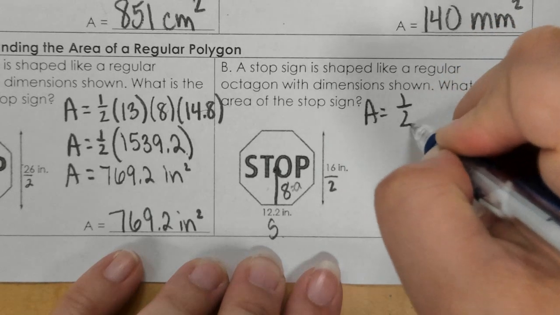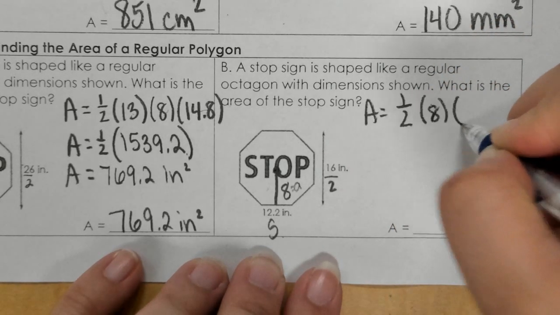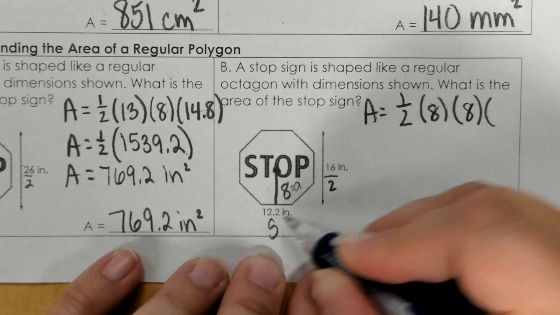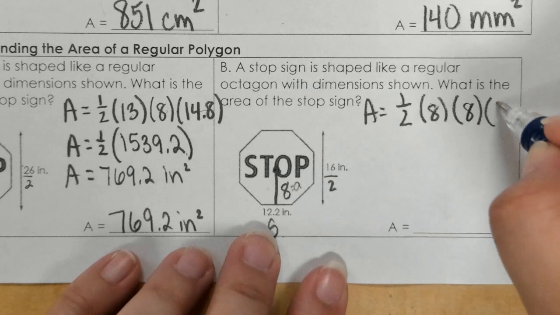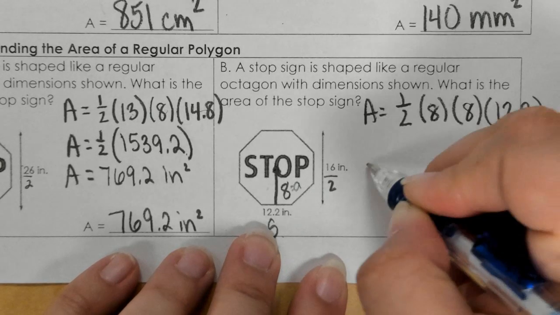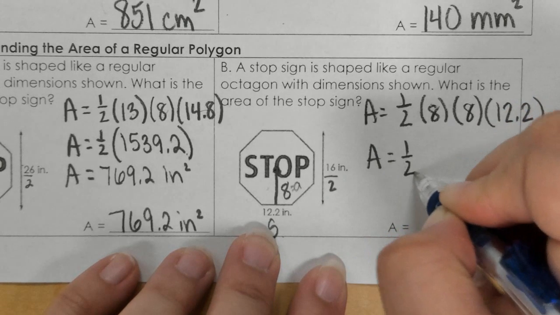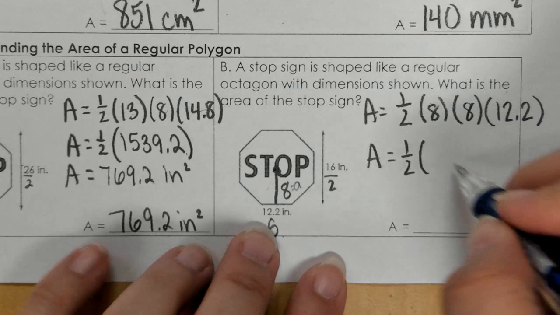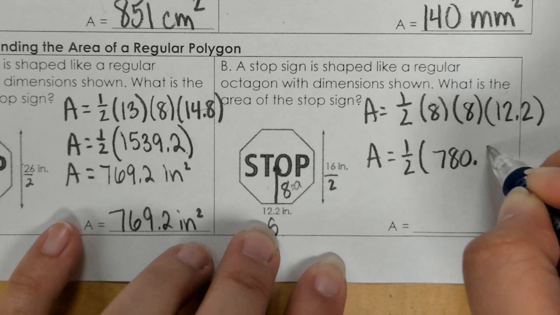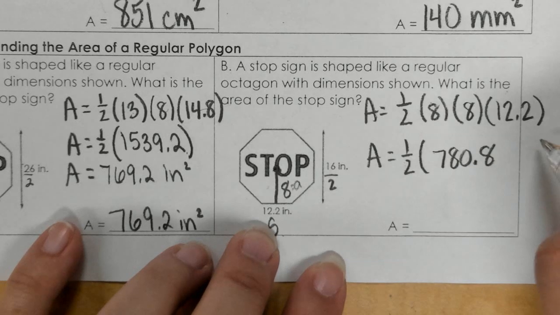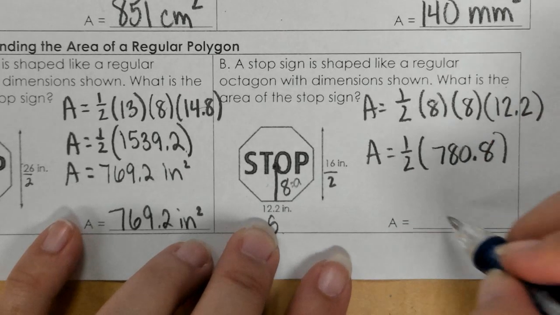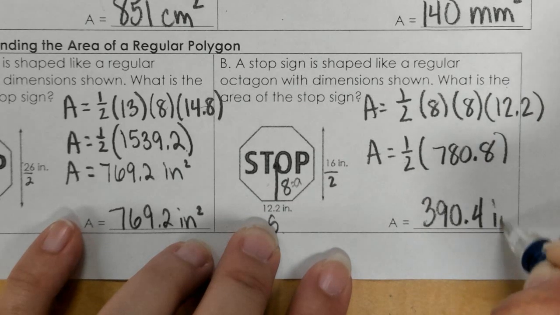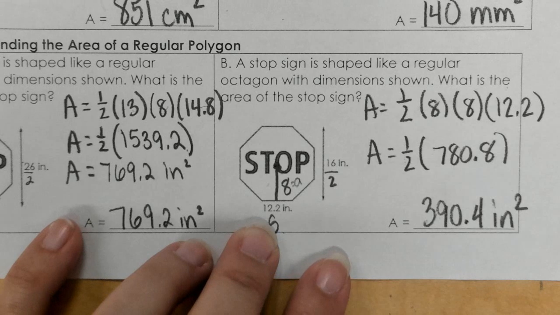So we have 1/2 times 8 times, number of sides is 8, and then the side length is 12.2. So if I multiply all three numbers together, I get 780.8. Divide that by 2, and we get 390.4 inches squared.